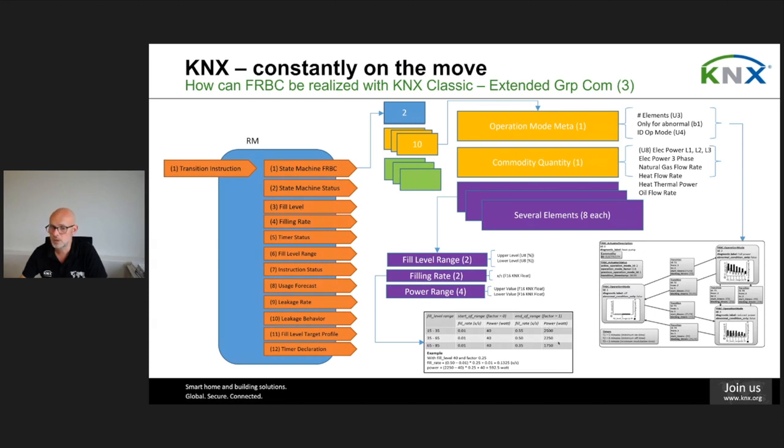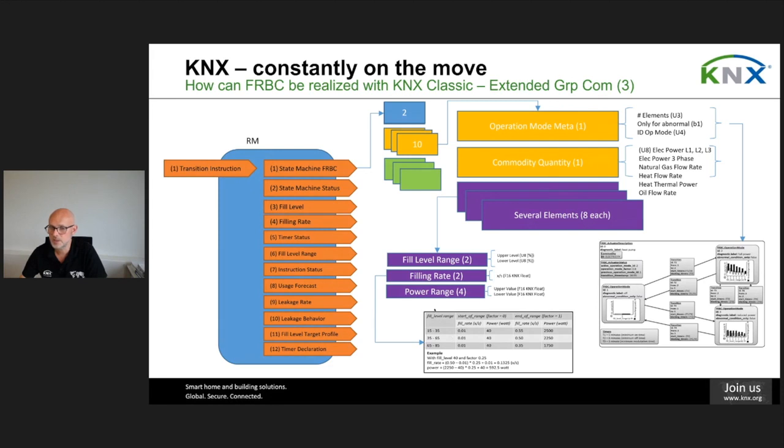And to model this table, we communicate a fill level range of 2 bytes with an upper level and a lower level, exactly this. We use 2 bytes of filling rate, which is actually this figure.